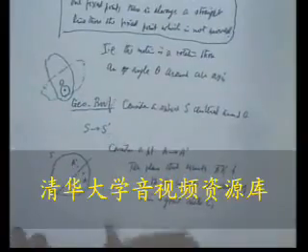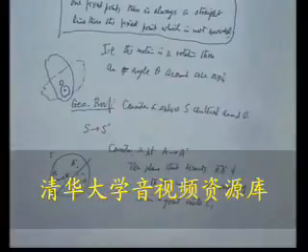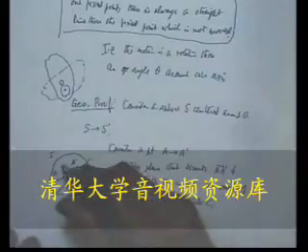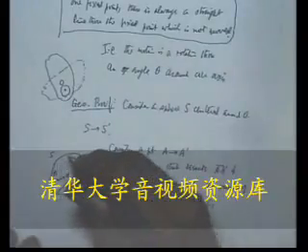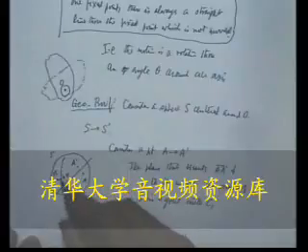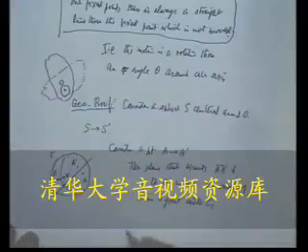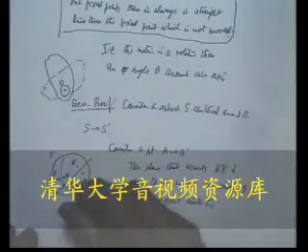OK, then I take another point B, which goes to B prime. I do the same thing with B and B prime, and then I get another great circle, circle C2. So I have two great circles.